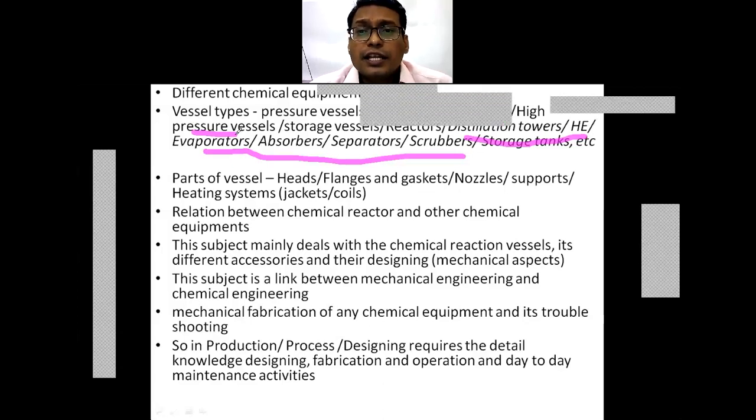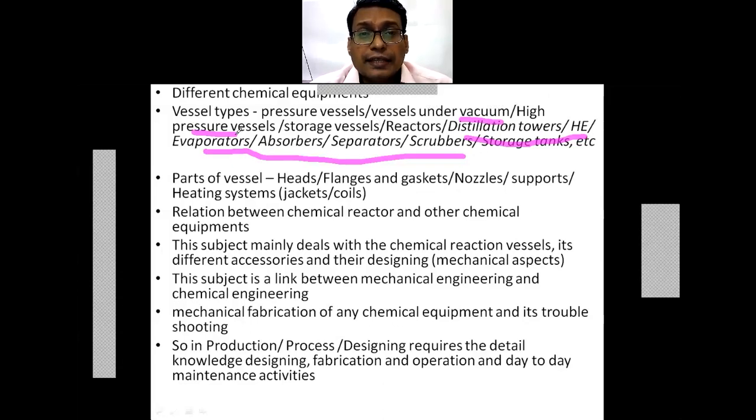Because a reactor consists of an agitator, the impeller associated with that agitator, and certain baffles. If you talk about the heat exchanger, the outside of the heat exchanger is again a vessel, and inside of that is the tube bundle.